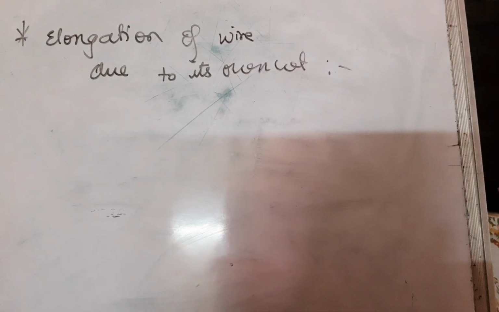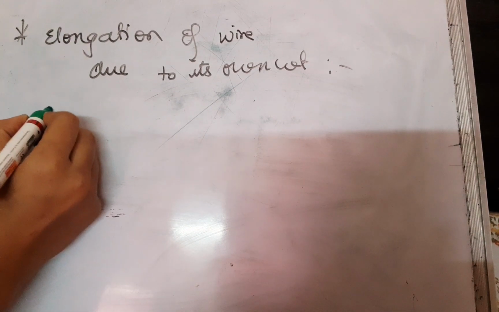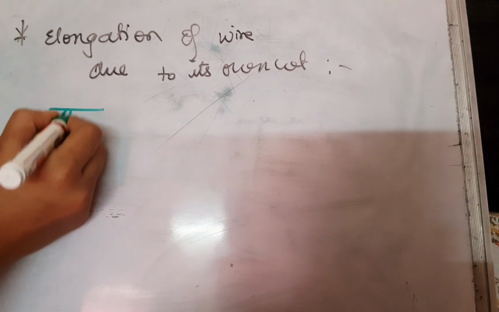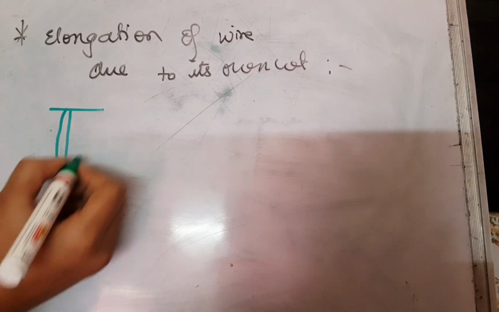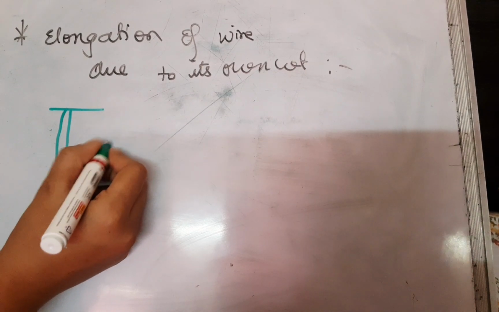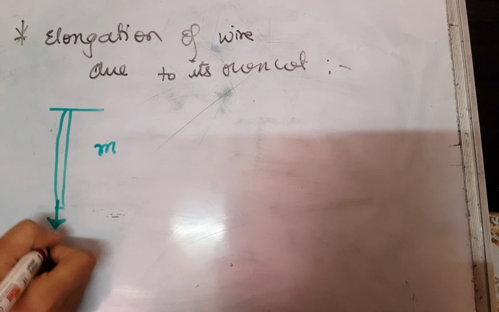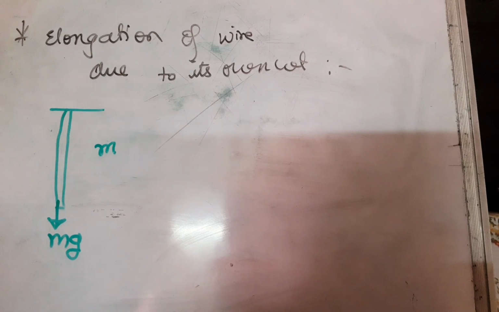Let us consider this is your wire and the mass of this wire is m, and gravity is acting downwards, so weight will become mg.